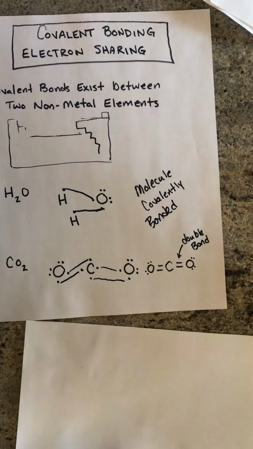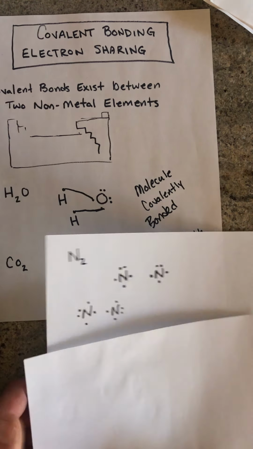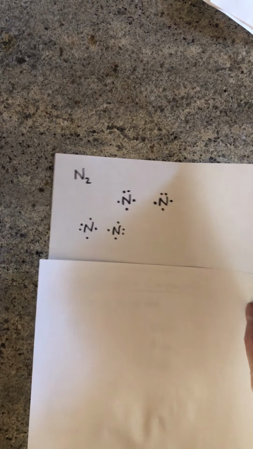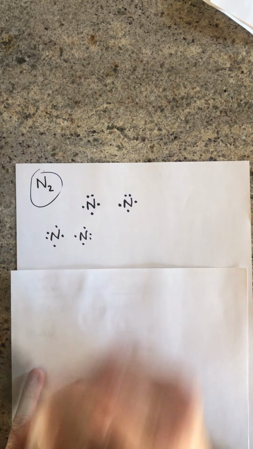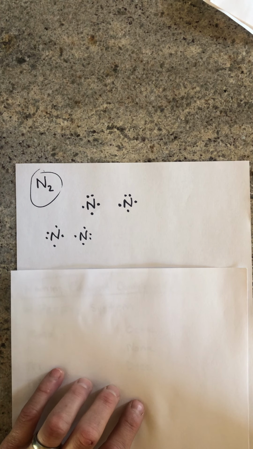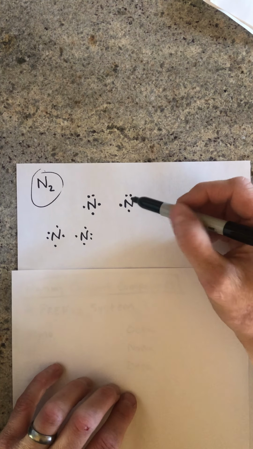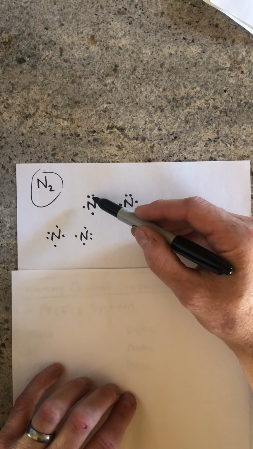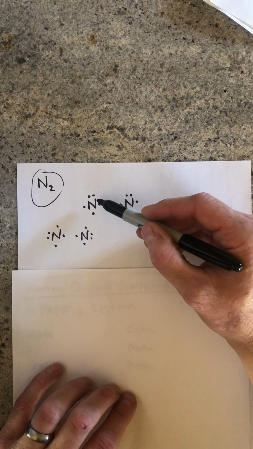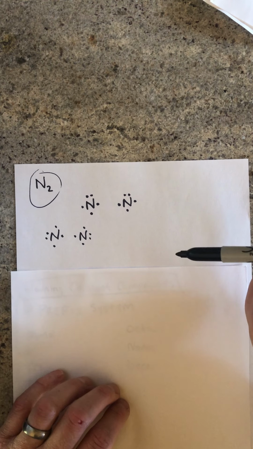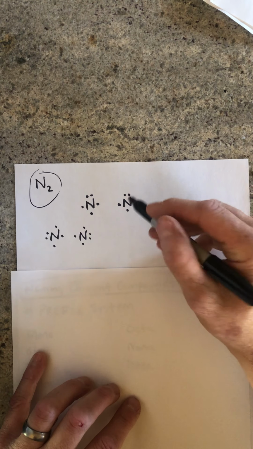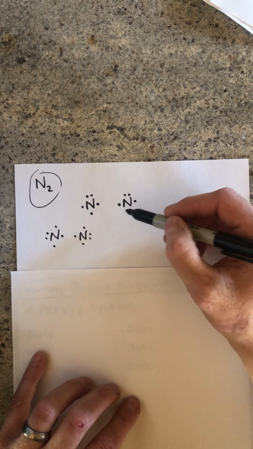And here's one more, just to get the hang of this. Here's nitrogen gas. This is N2. And so nitrogen's Lewis dot diagram looks like this, where we've got our pair of electrons and then 3 singles. That's the 5 valence electrons in a nitrogen atom. And so what we want to do is link up these single electrons.